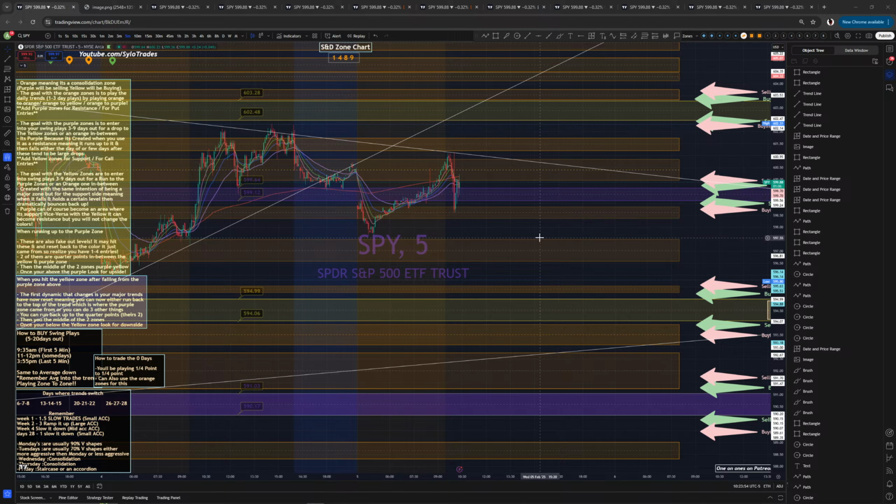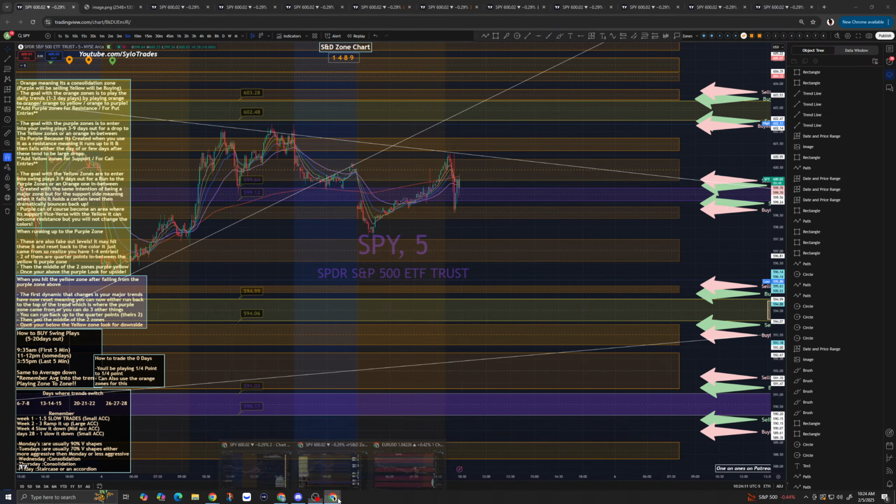So again, family, we're just allowing this to consolidate here. Top to bottom. Let's see, another $2 straight down.